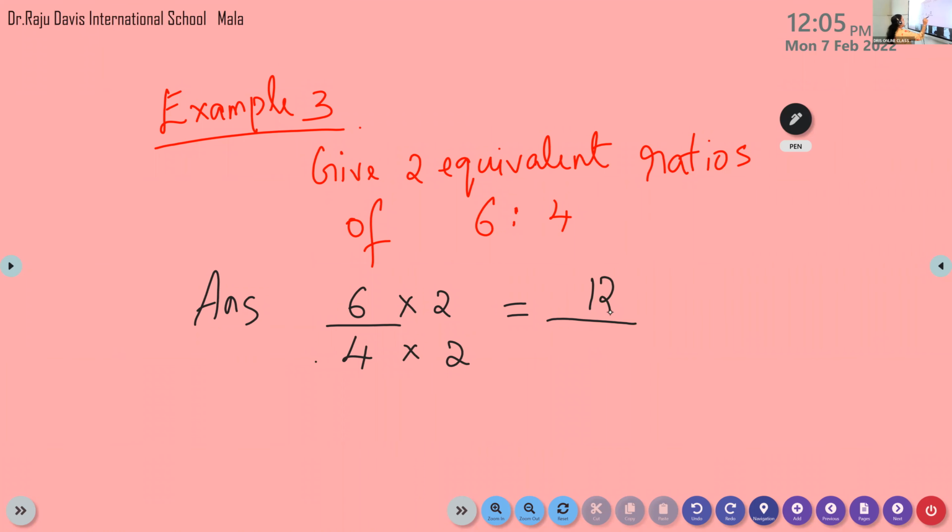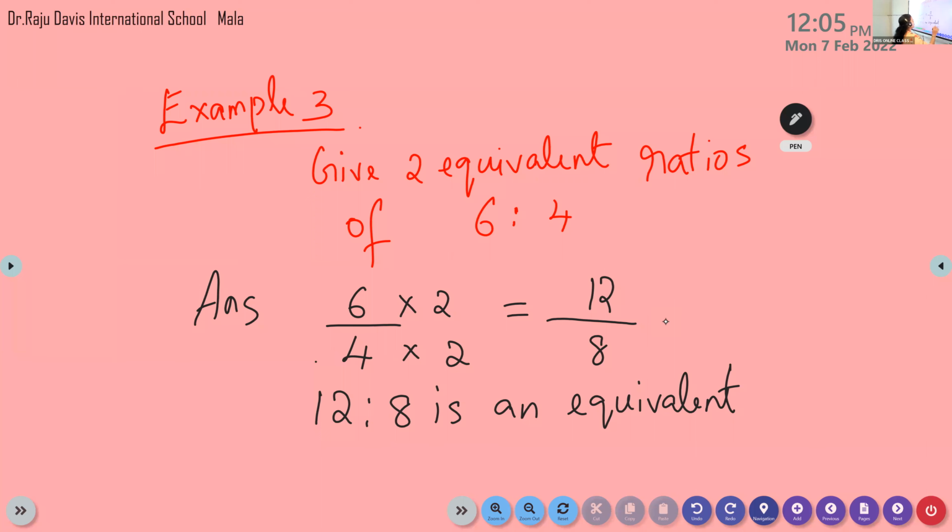12, 8. So, children, we can say 12 is to 8 is an equivalent ratio for 6 is to 4. 6 is to 4 means 6 by 4.